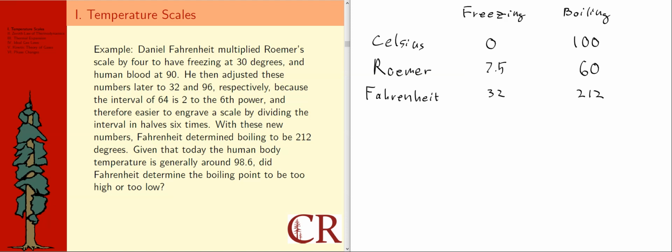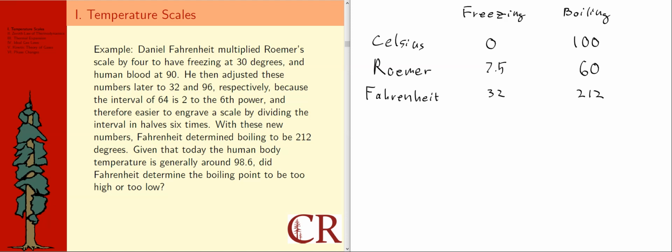So the thing that we're exploring here is, since he was saying 96 is human body, 212 is boiling, the 212 we've retained today, but obviously the human body temperature that he established doesn't agree with the modern established values, so there's obviously some experimental error that happened there. If he had done things correctly, one could argue perhaps that would mean that that's what the boiling point in Fahrenheit would be today.